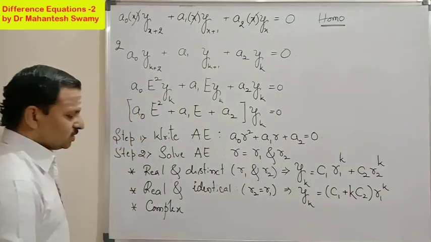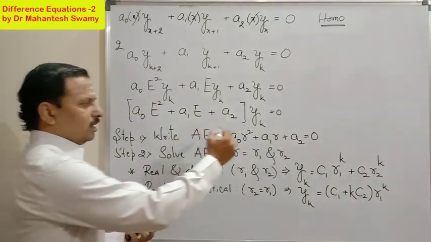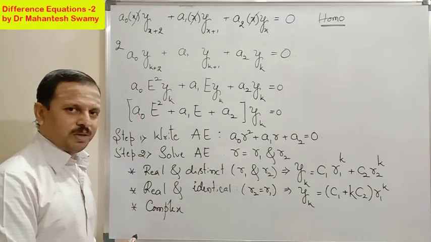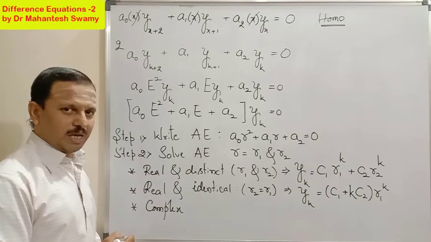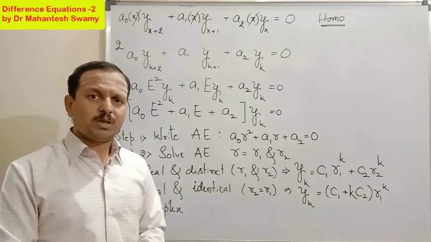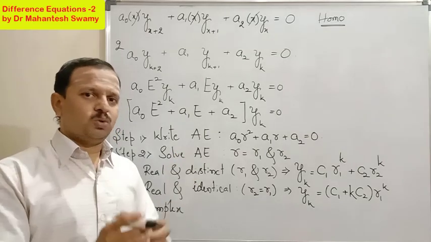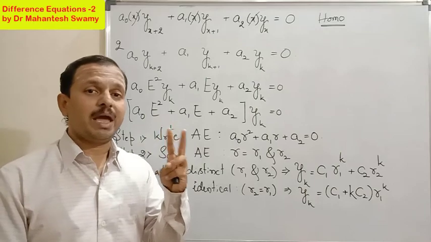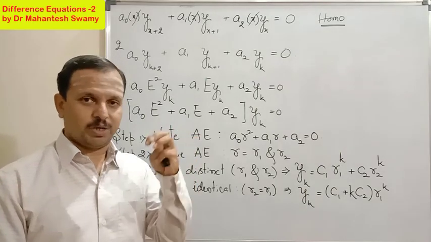And the third one is when the auxiliary equation is having complex roots. At this moment, we should recall one important thing, that if any algebraic equation possesses complex roots, that is, imaginary roots, the roots will be in pairs of complex conjugates.